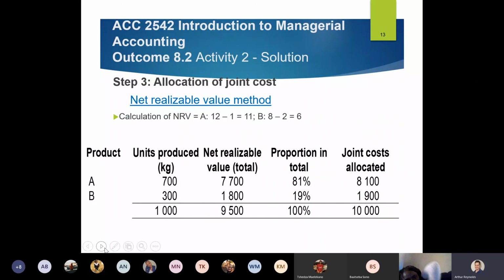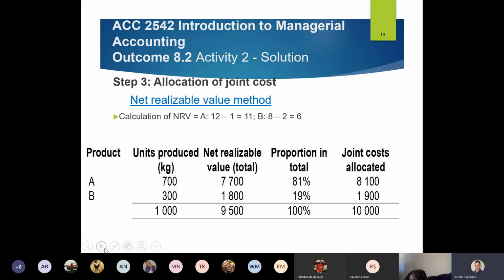Okay, then the last method is the net realizable value method. Net realizable is the selling price less the further processing cost. So for A, we know we can sell it at 12 Rand, less 1 Rand further processing cost. So per unit, it's 11 Rand.